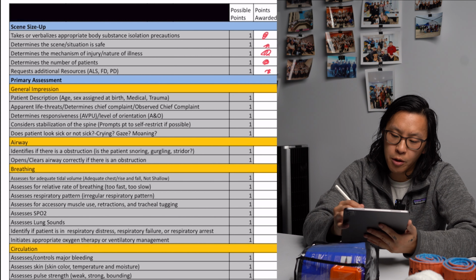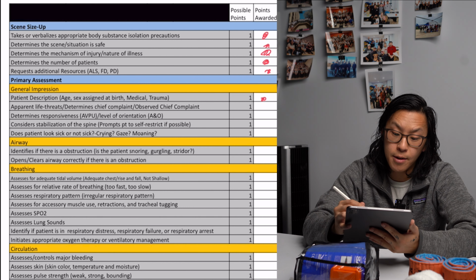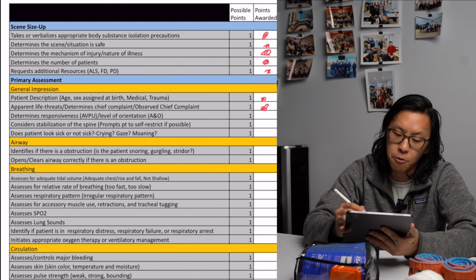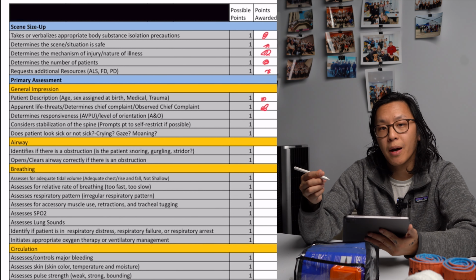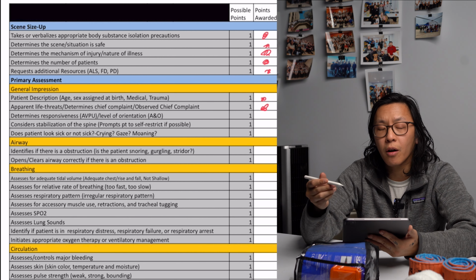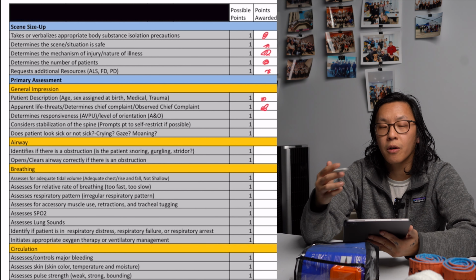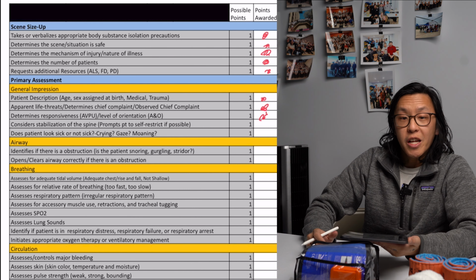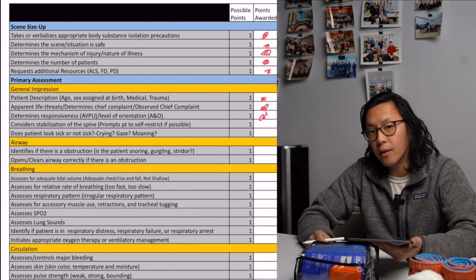So gender at birth as well as their age, what is their chief complaint, and oftentimes that differs from what you were dispatched to. What is their level of responsiveness, if they're responsive at all, and if they are, how oriented are they? Are they A&O times 4 or anything less? That's typically achieved by asking the who, what, when, and where, right?